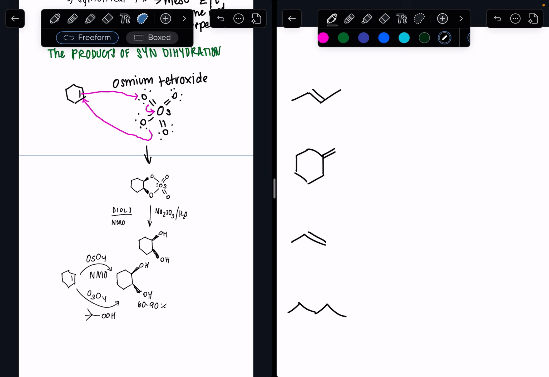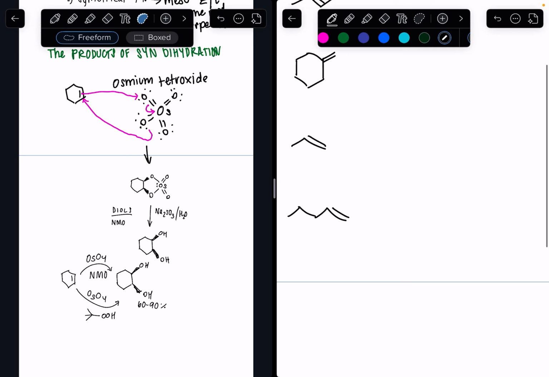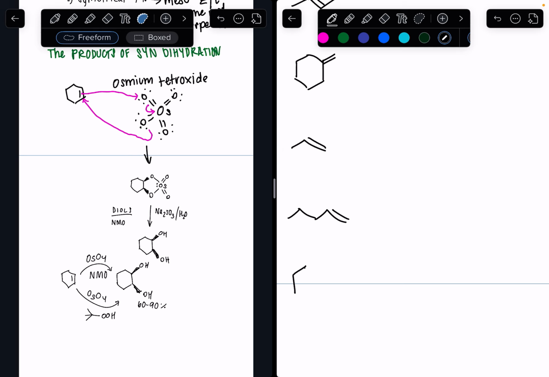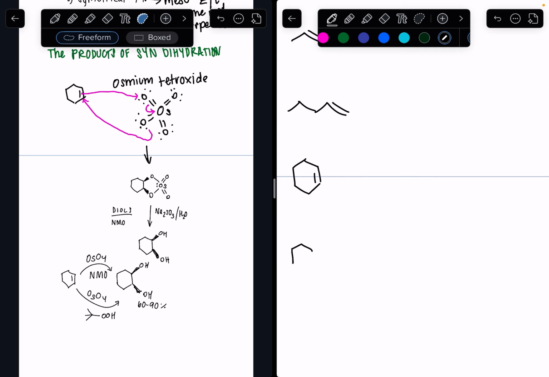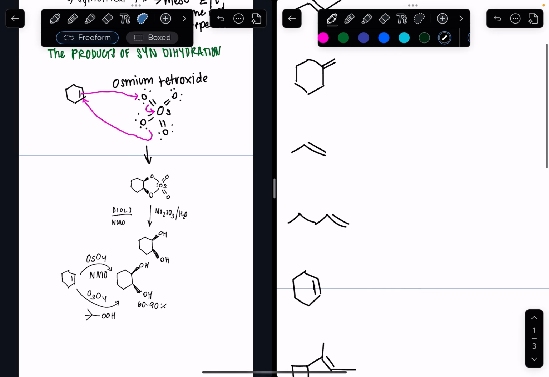Here I'm looking for a general set of rules that I can use as I work through these. So the same set of questions applies where I want to ask myself, do these have chiral centers? Are they symmetrical? And identifying foremost, is it an alkene?